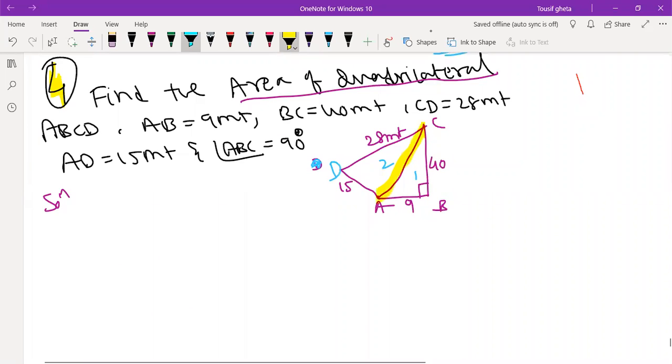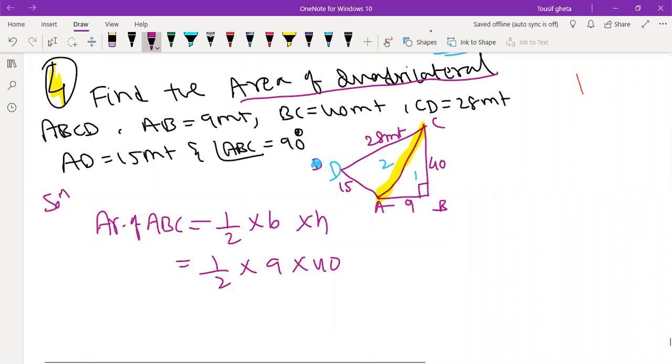But I can find the area of ABC directly without the help of AC. Area of ABC is equal to half into base into height. Half into base 9 and height 40, so we get 180 meters square.